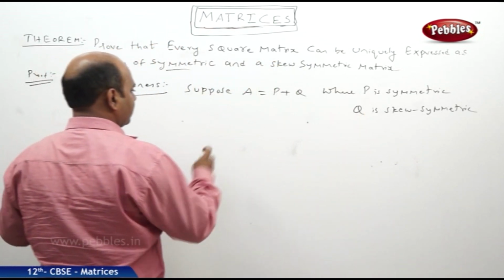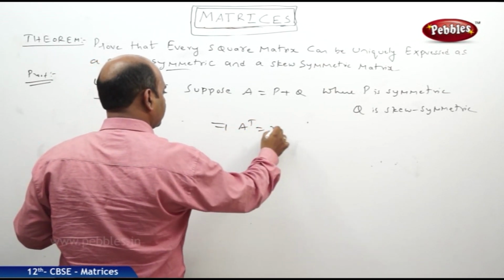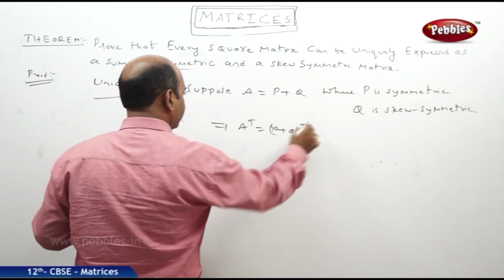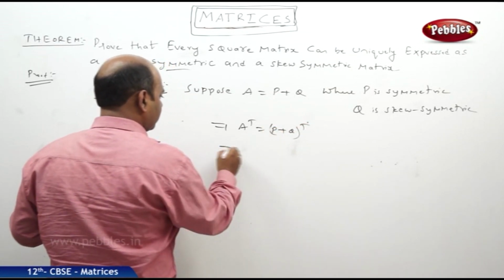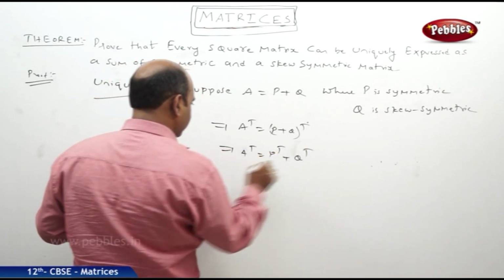So what happens? I will be taking transpose on both the sides. I will be getting P plus Q whole transpose. So A transpose is equal to P transpose plus Q transpose.